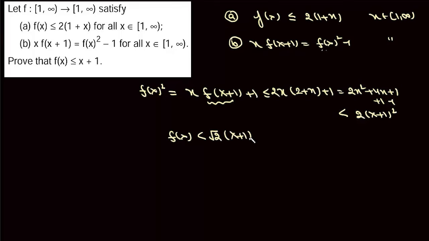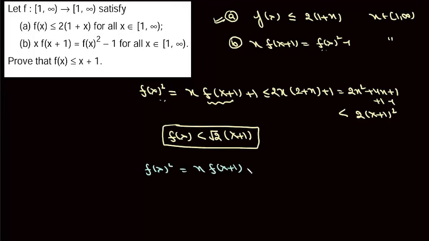Now we'll use this fresh bound instead of this, and again we'll use this argument. So again we can write f(x)² = x f(x+1) + 1. Now it'll be less than x(√2(x+2)) + 1, which is √2 x² + 2√2 x + 1.